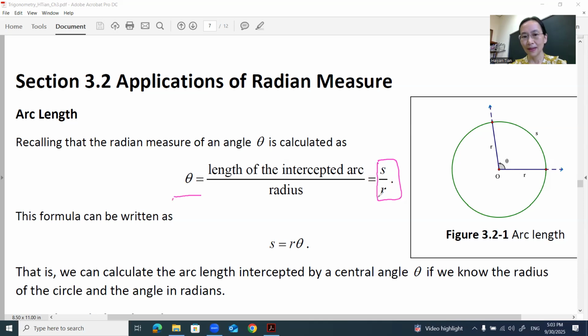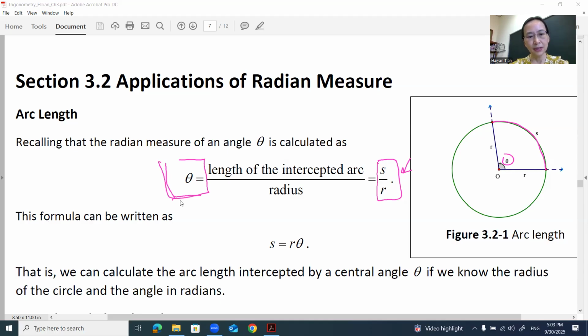S is the length of the intercepted arc. So here's the theta, that's S, which is the length of this intercepted arc, compared with the radius. So this ratio will give you the radian measure of theta.